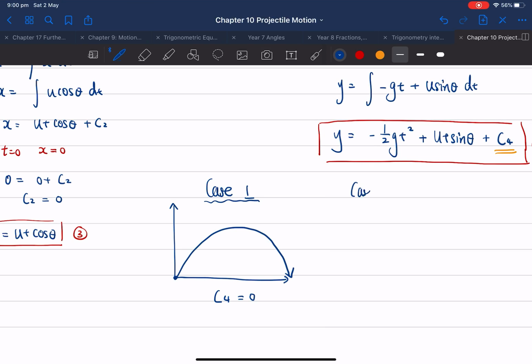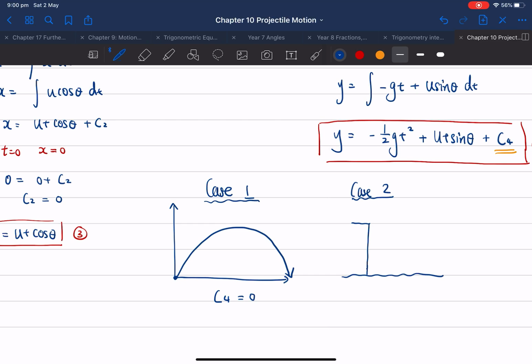However, with case number 2, we can have a projectile motion question where you project something into the air from the top of a building, on a cliff, or somewhere, where the starting point or the vertical distance is not equal to 0.